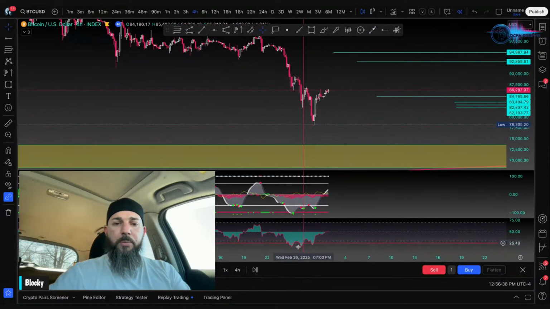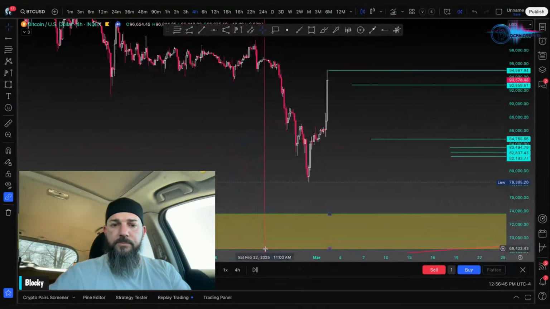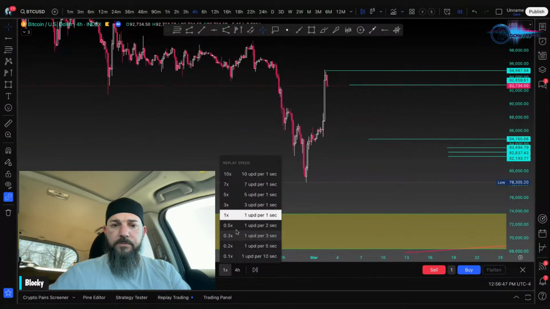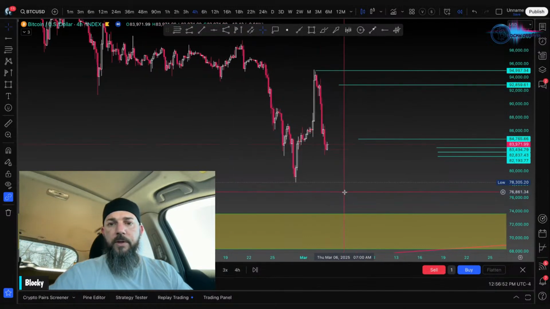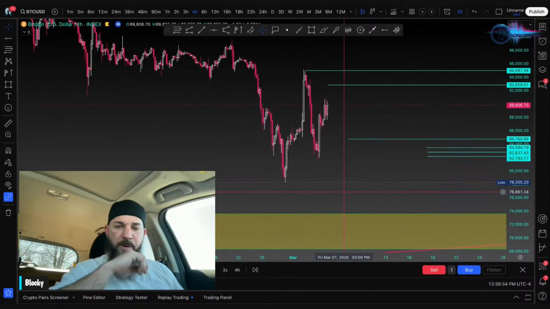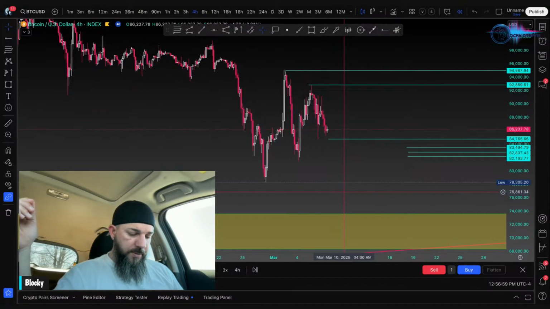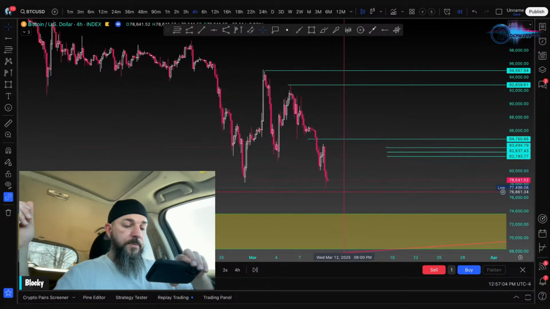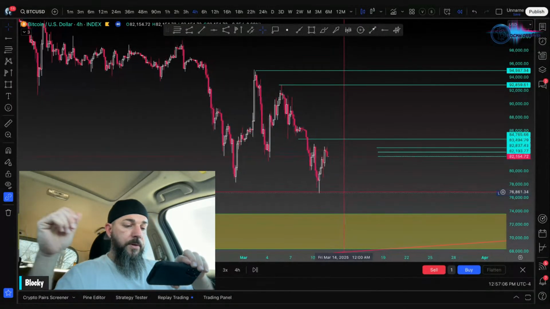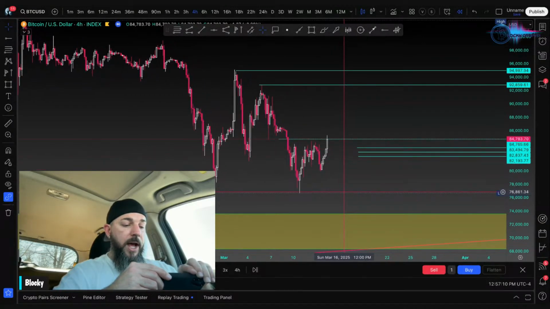We didn't know this was going to play out the way it did. I like to use the bar replay to show a lot of... yeah, you want to be in a trade, but you don't have to be.